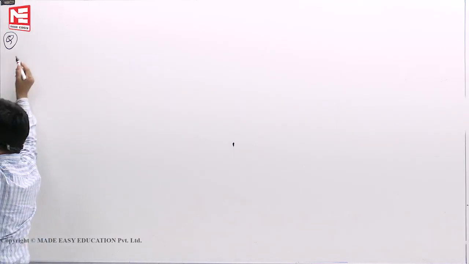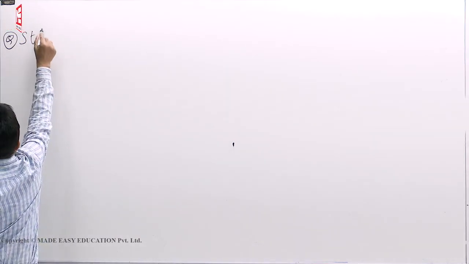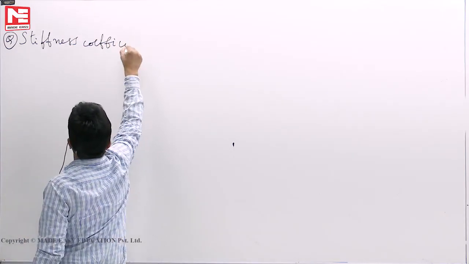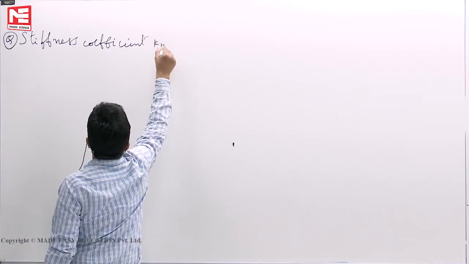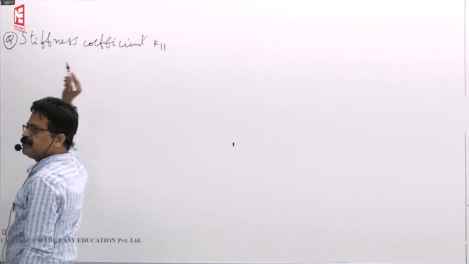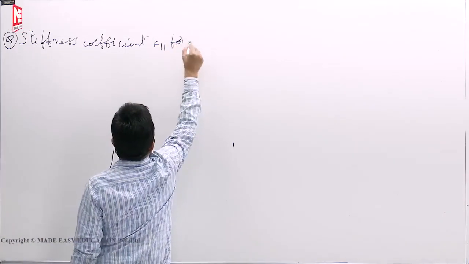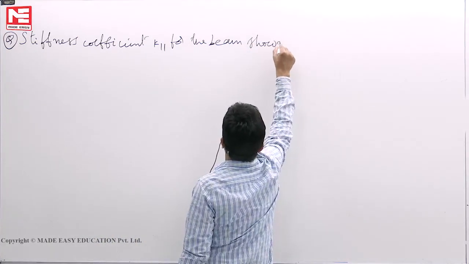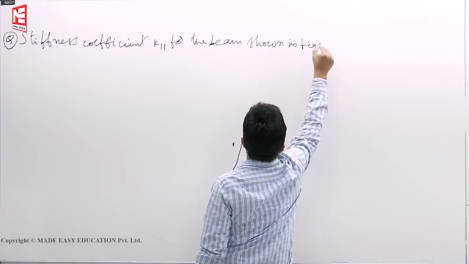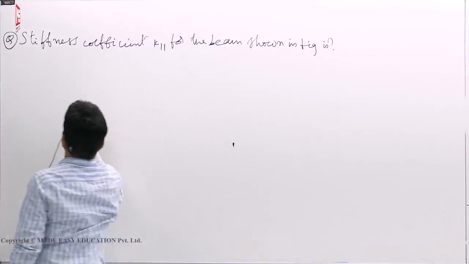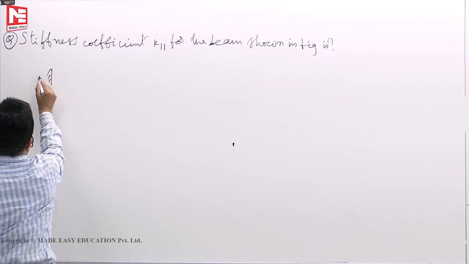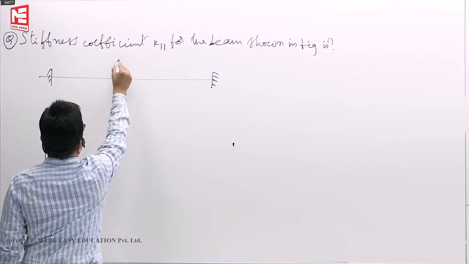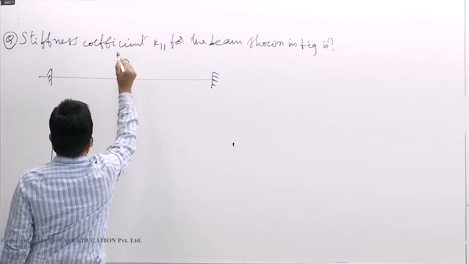First one is the stiffness coefficient K11 for the beam shown in the figure. Now this is the problem. There was a hinge here, coordinate 1.